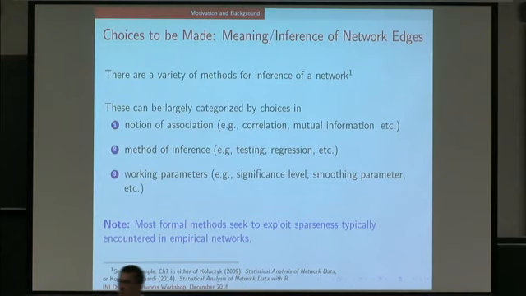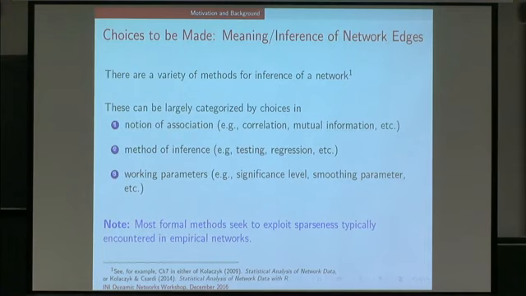In these contexts, there's already a huge literature on network inference, and I like to look at it, as a statistician, as being characterized by choices. There are lots and lots of choices that distinguish the contributions. There are choices in what notion of association you mean. People like to talk about the network, here's my network, and I like to back them up a bit and say, so what are you studying? What questions are you interested in? Where did this network come from?